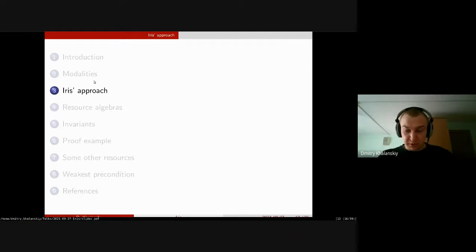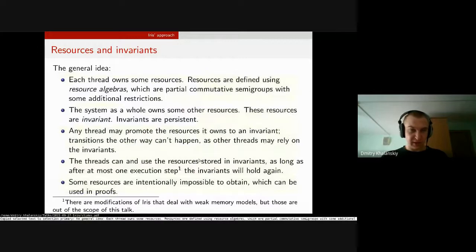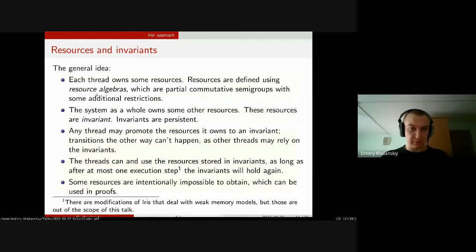Next, we will discuss the general idea on which the Iris framework is built. The idea is as follows. It consists of the following points. Each running thread owns some resources.